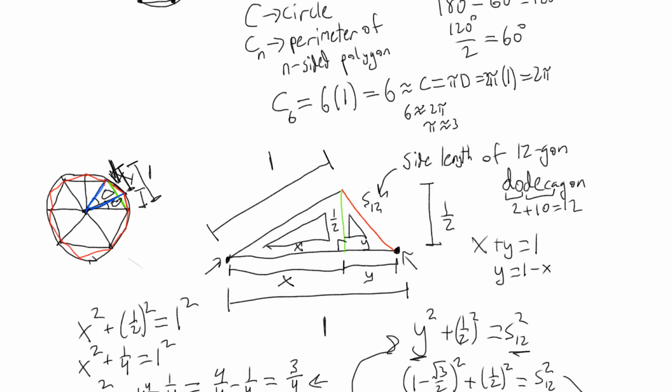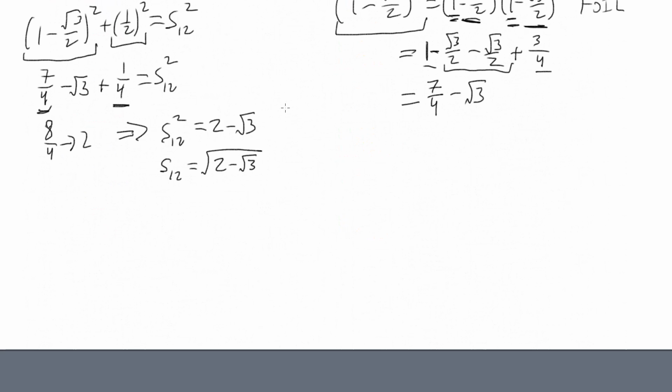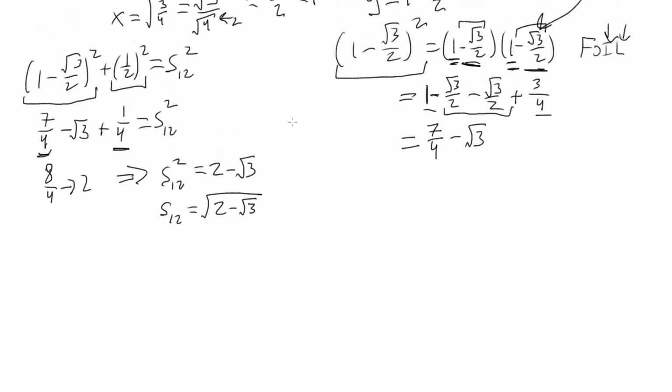So this is a regular dodecagon, 12-gon. So what we end up with is we're adding together 12 of that edge length that we just found. So I'm going to call that C12 for the perimeter of the 12-gon. And that's equal to 12 times this thing that we just found.